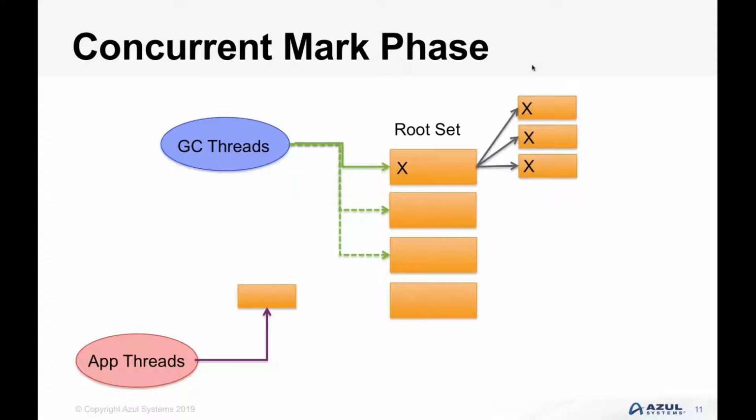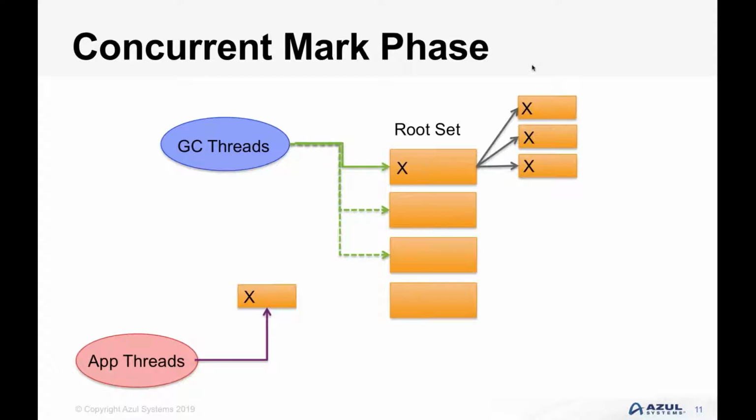So at that point, we let the application thread context actually do the marking for us. So we'll set the bit and say, okay, this object is still in use. But we would then also need to trace all of the objects that object references in the same way we do for the other objects in the root set.